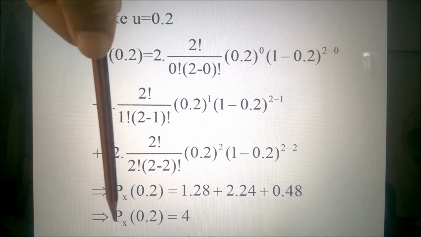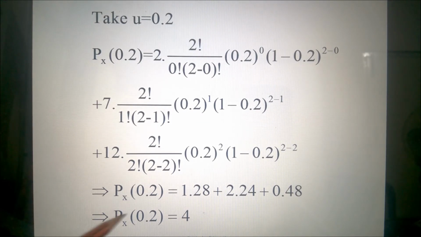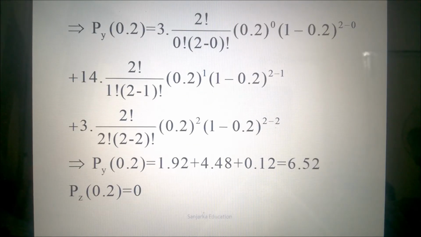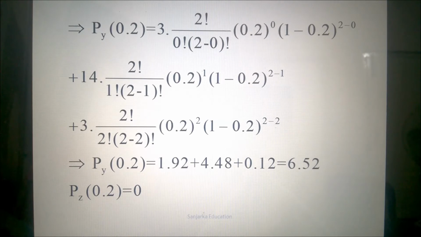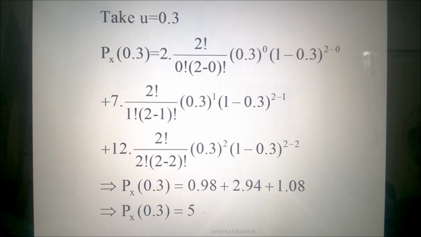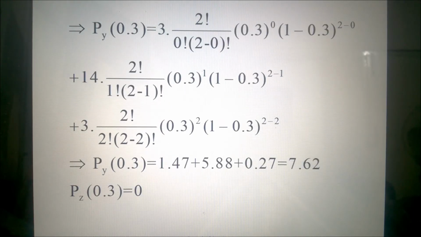In that way, for 0.2, the corresponding x coordinate on the curve is 4, the y coordinate is 6.52, and the z coordinate is 0. In the same way, now we change u to 0.3, and the x coordinate is 5, the y coordinate is 7.62, and the z coordinate is 0.